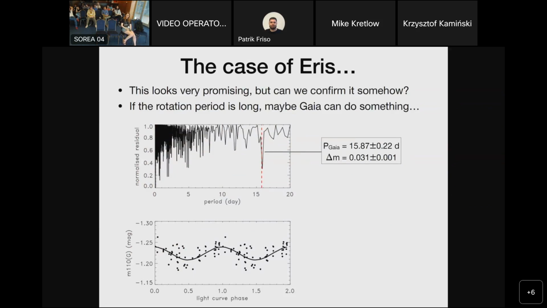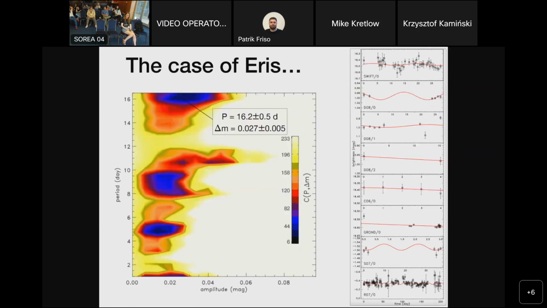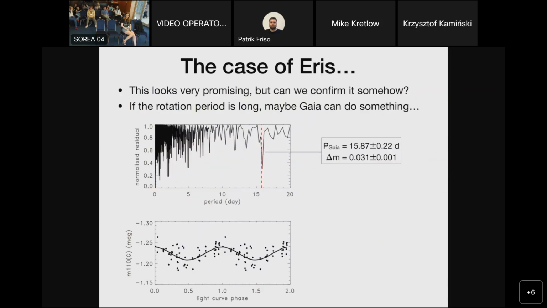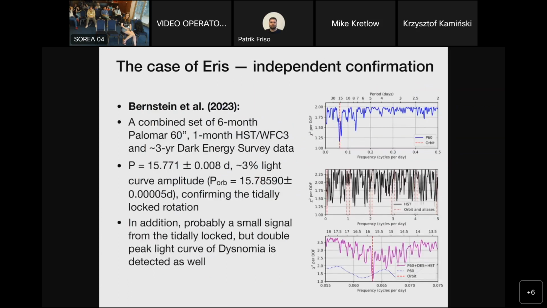But the Gaia data actually points exactly to the same rotation period, and also says that ERIS is tidally locked. And by the way, it gives almost exactly the same light curve amplitude as our ground-based observations. So we were very happy to see that.